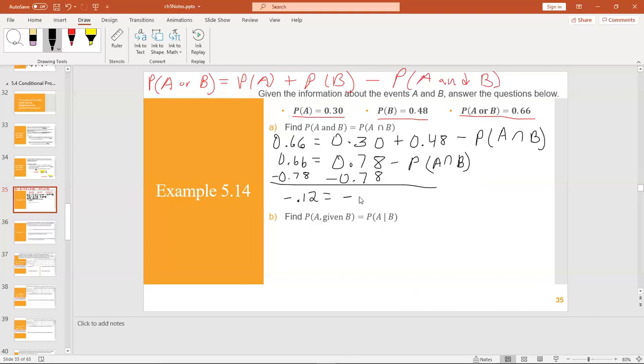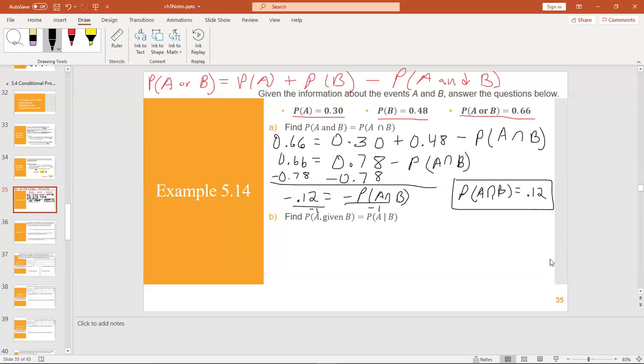That equals negative probability of A intersect B. That basically means that A and B is equivalent to 0.12. You divide by -1 on both sides to get rid of the negative. And so the probability of A intersect B, or A and B, is equivalent to 0.12. So there's a 12% chance that both events happen at the same time.